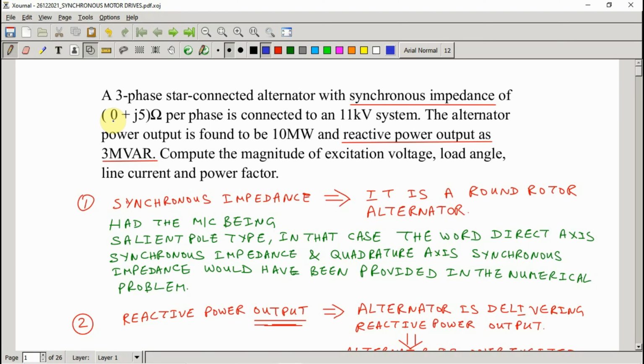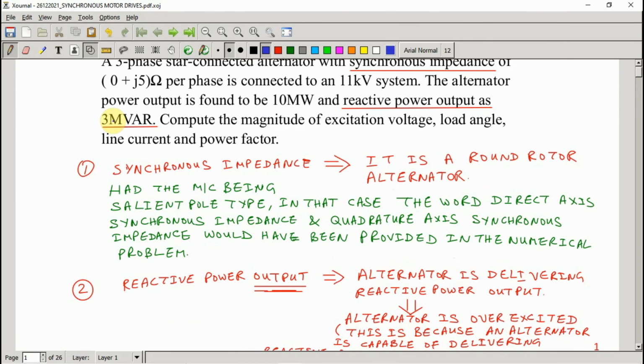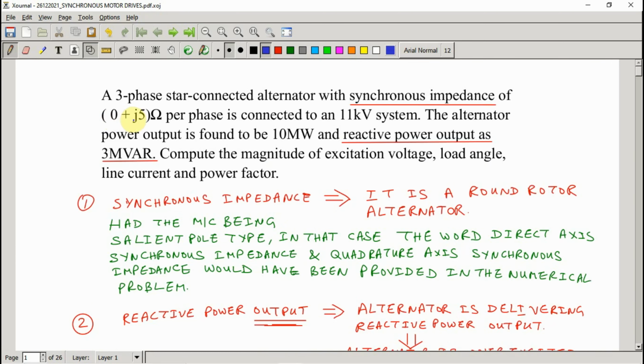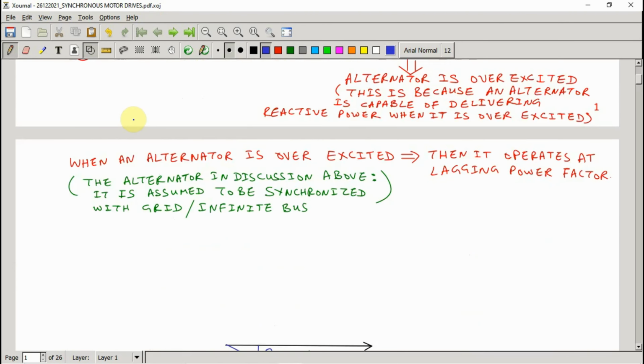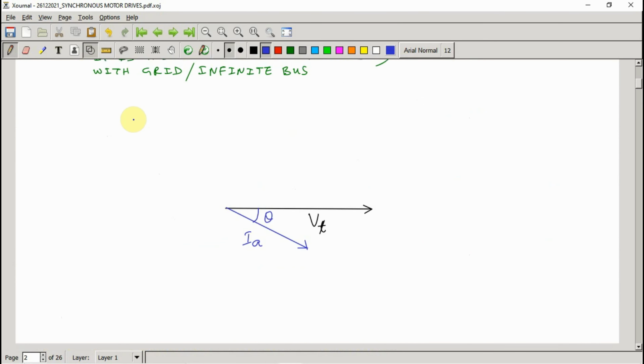So armature resistance is shown as 0, and we will not take it into consideration. We will only take the synchronous reactance into consideration. Synchronous reactance is denoted by the symbol X, and in the suffix we write S, so Xs.